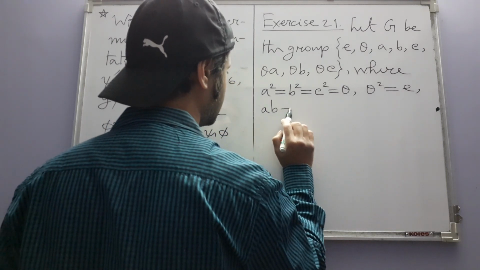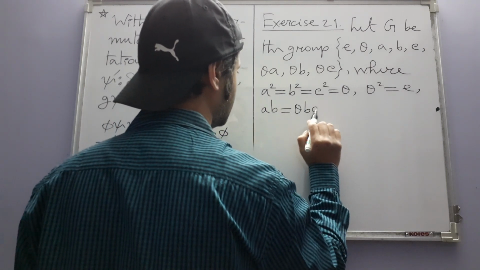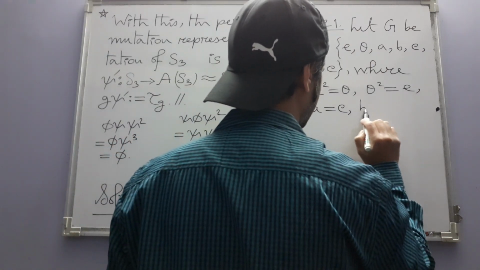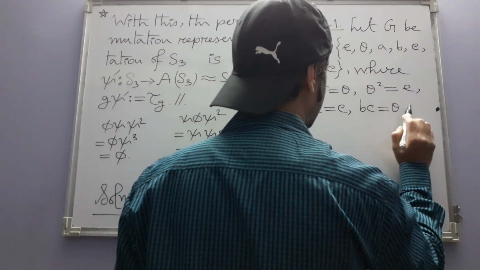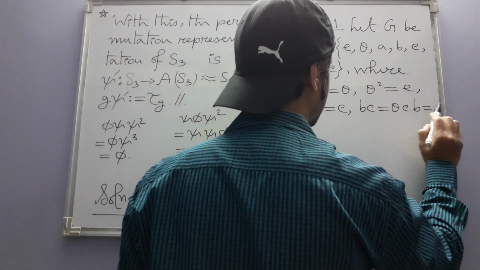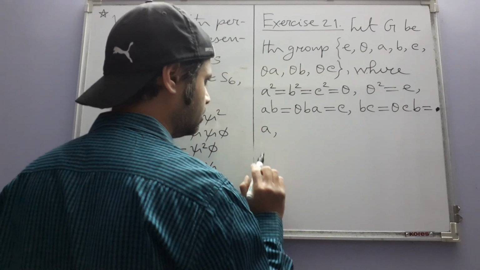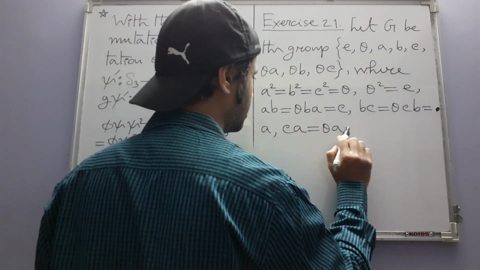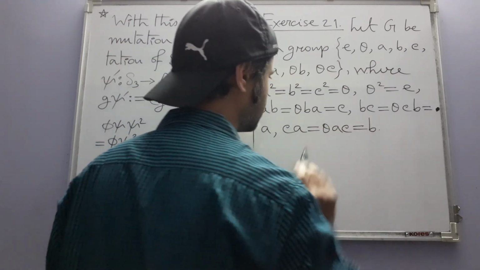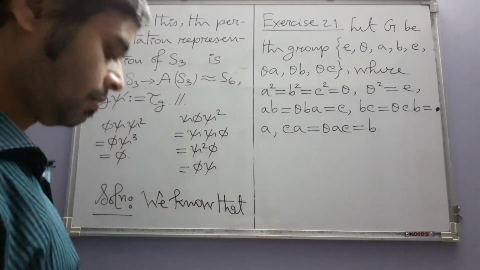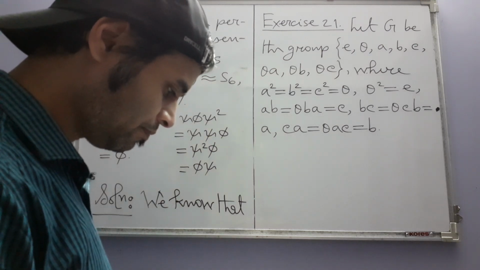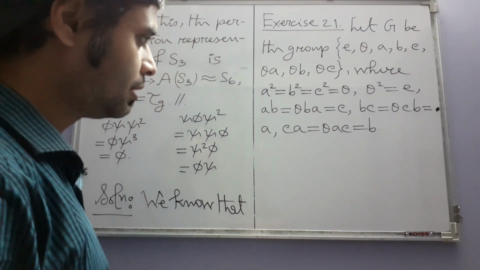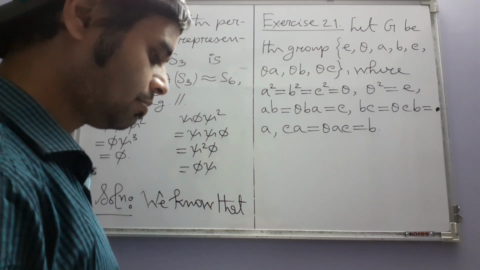AB equals theta BA, which is equal to C. BC equals theta CB, which is equal to A, and CA equals theta AC, which is equal to B. But still, let me see if I am correct or have I made a mistake. AB, theta BA is C; BC, theta CB is A; and CA, theta AC is B. Okay.